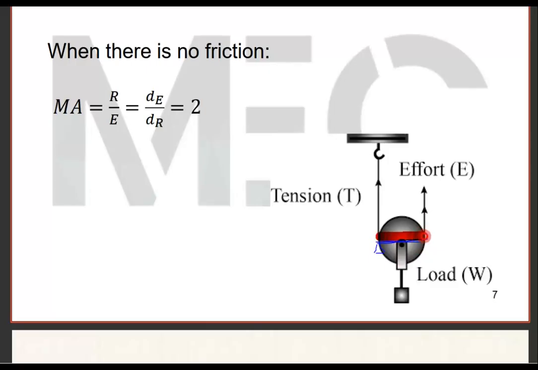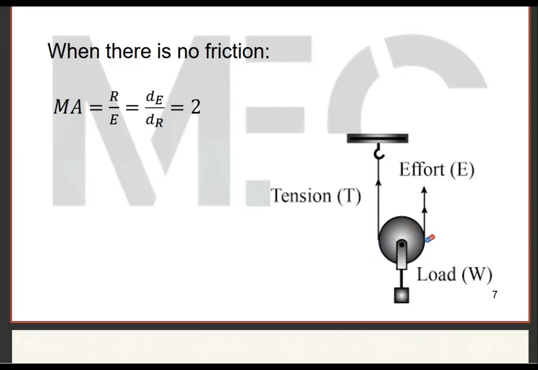Effort arm is double the resistance arm. Therefore, the mechanical advantage is 2. Okay, it is clear.